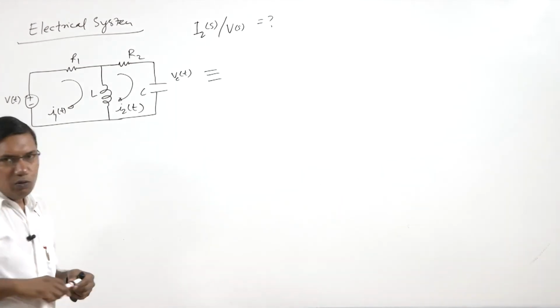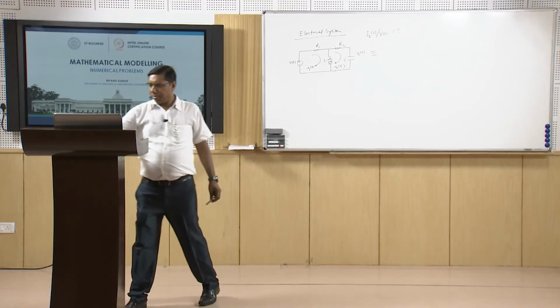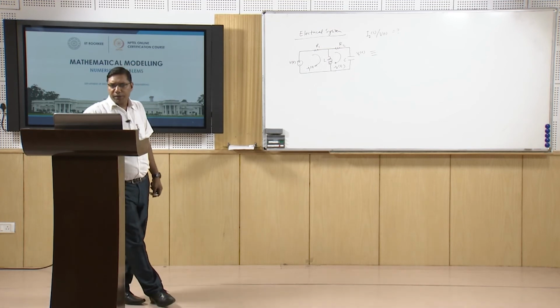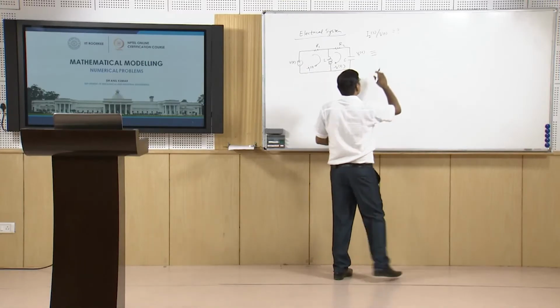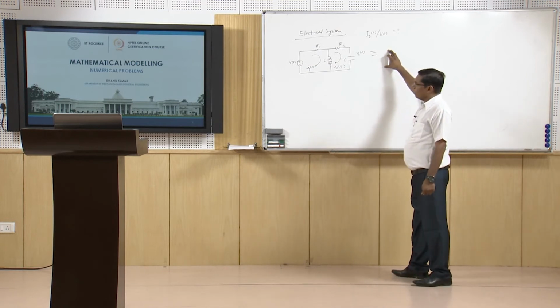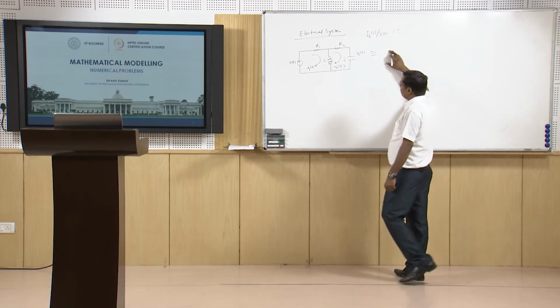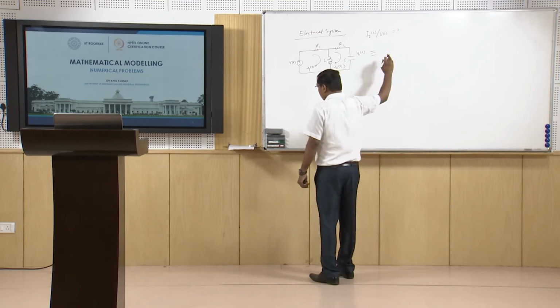We already know that for an electrical system, the capacitor has impedance 1 by Cs, the resistor has impedance R, and the inductor has impedance Ls. So we can convert the circuit to an equivalent impedance circuit.